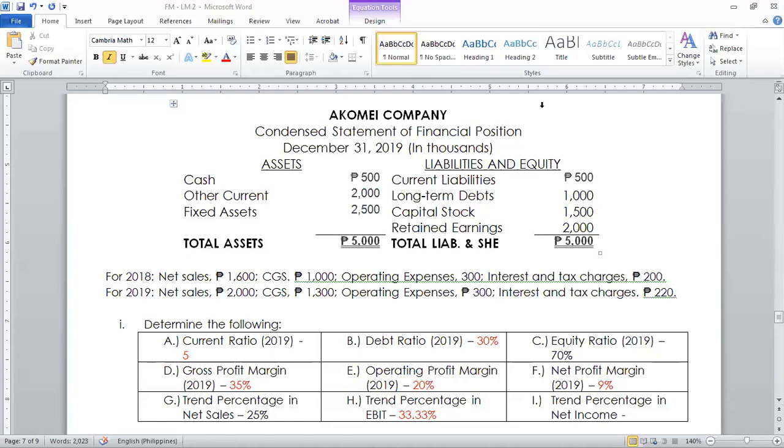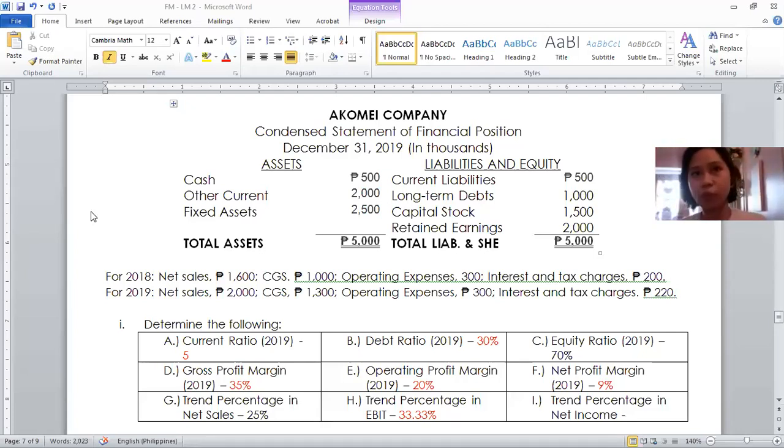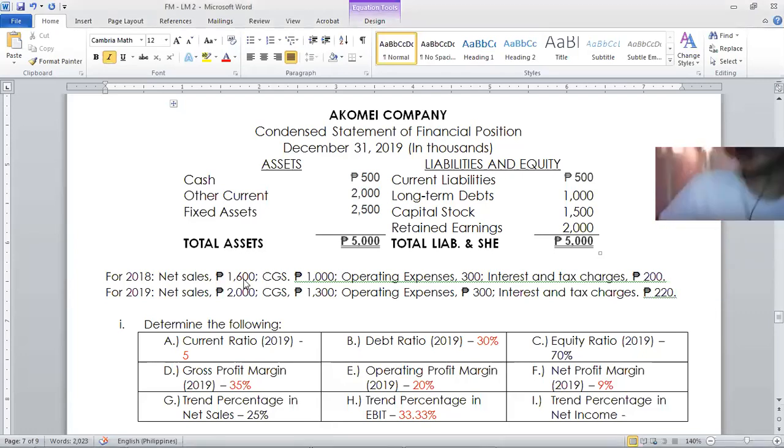1, 2, 3, 4. Okay, Crisel. Crisel Elioraba. Hi, ma'am. Hello, will you please answer letter I? The trend. Ma'am, I really don't know yet. Oh, it's okay, it's okay. Let's help you. So, how do we compute net income using the information given?